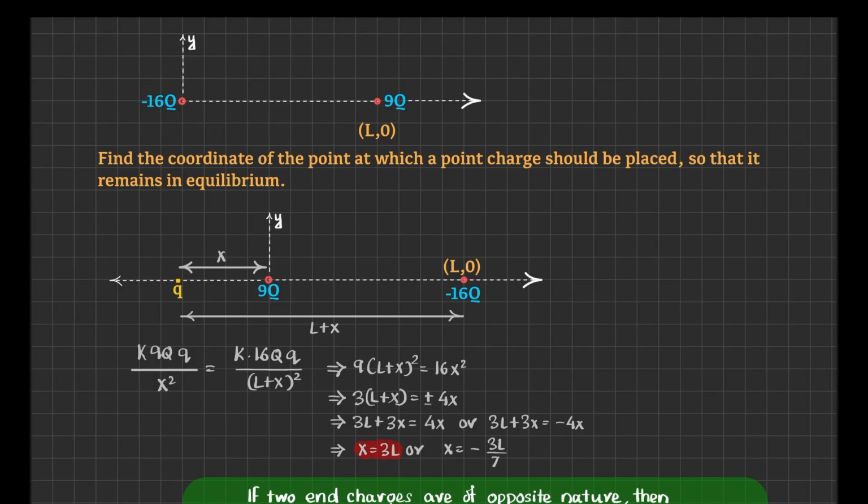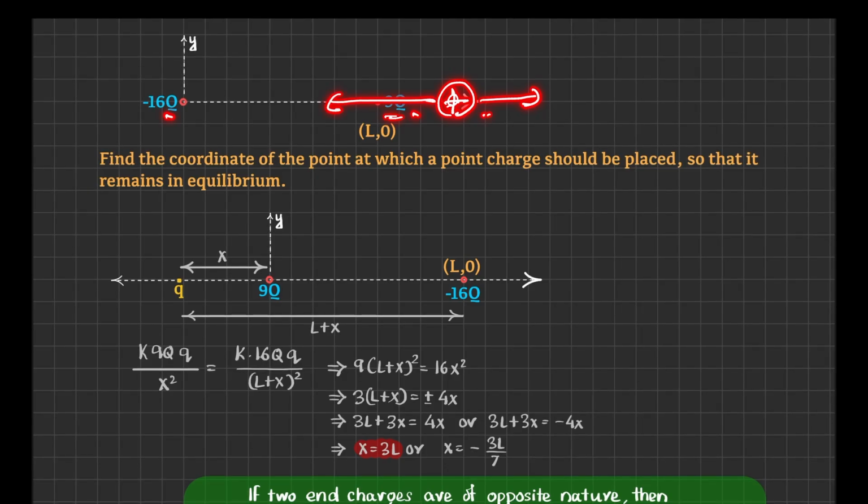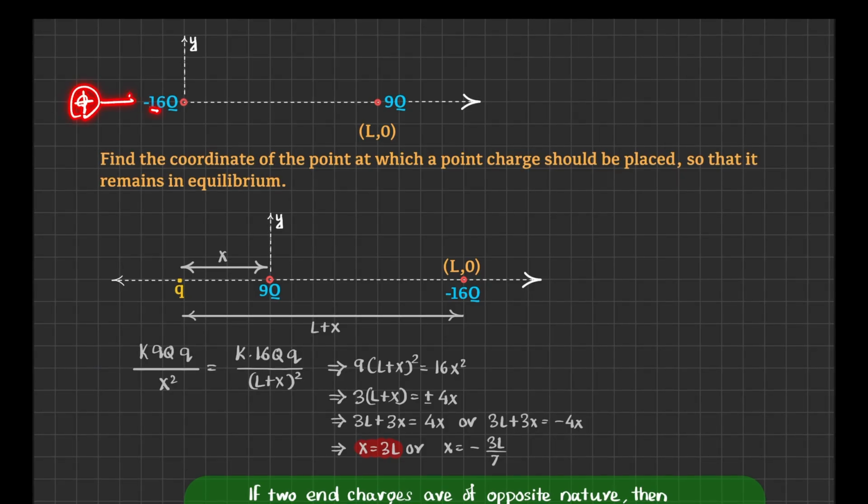So where can the point lie? Now see here, we can choose a point here where, let's say we keep a positive charge here, 9q will push it, but 16q will try to pull it. Now the directions are opposite. Similarly, if we keep a positive charge here, then 16q will pull it, but 9q will try to push it.